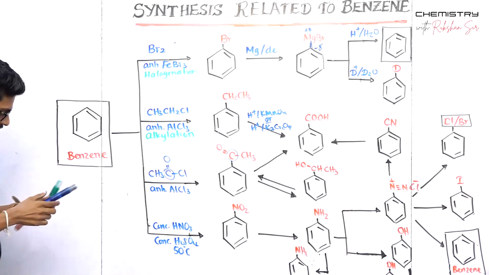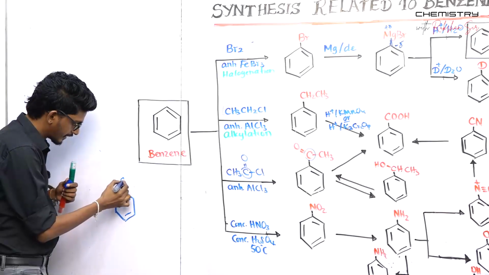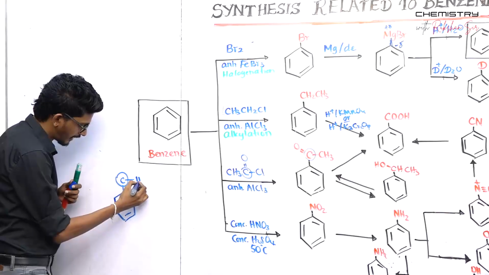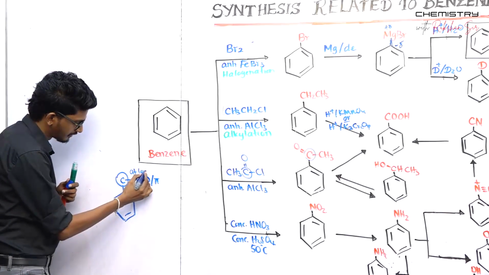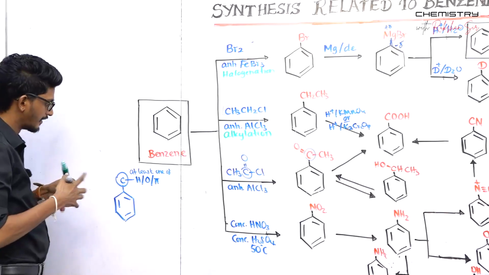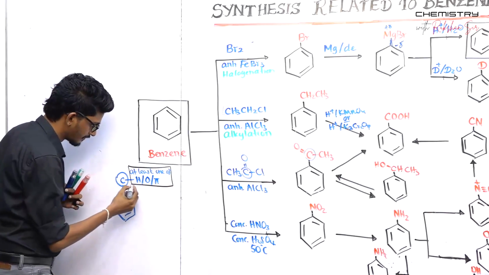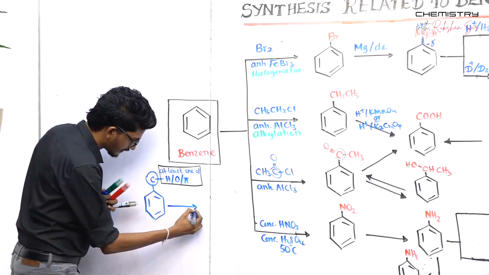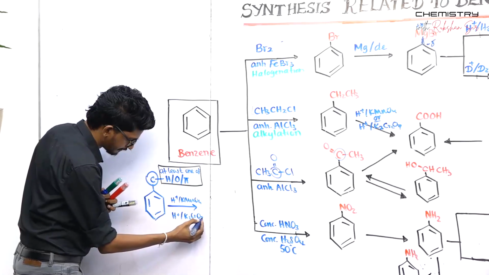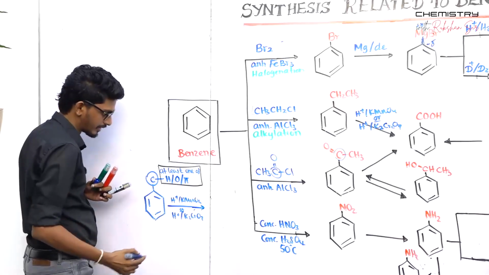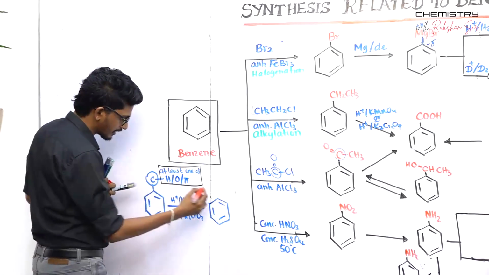If you are starting with a benzene ring, and the carbon connected to the benzene has at least one of hydrogen, oxygen, or a pi bond, then if you add H plus KMnO4 or H plus dichromate, that carbon will convert to benzoic acid.